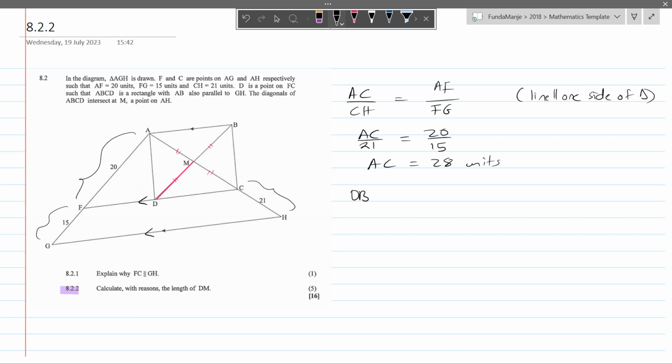And then we can say DB is equal to AC, which is equal to 28, not degrees but units. And that reason is just diagonals of a rectangle.